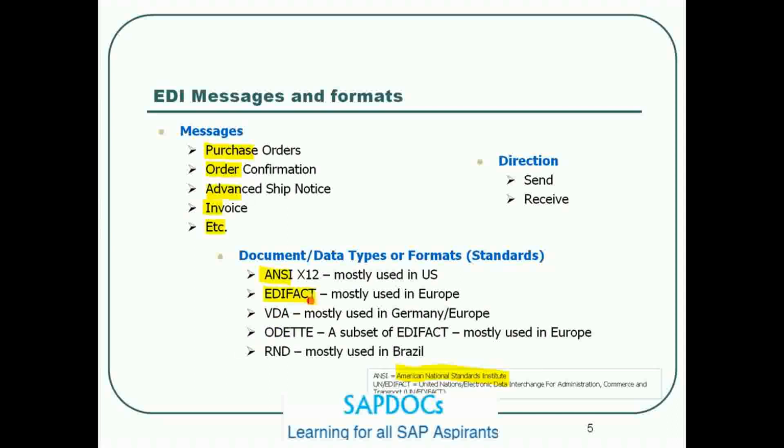EDIFACT stands for Electronic Data Interchange for Administration, Commerce, and Transport. EDIFACT is a mandated United Nations format. But you will see when you go to work that X12 is mostly used in the US and EDIFACT is mostly used in Europe.